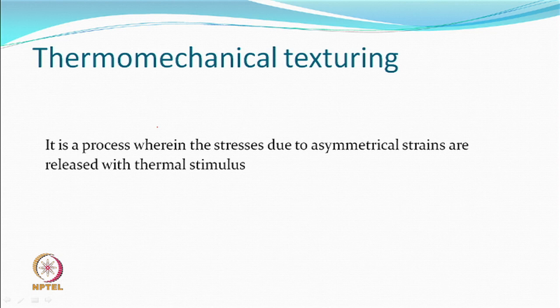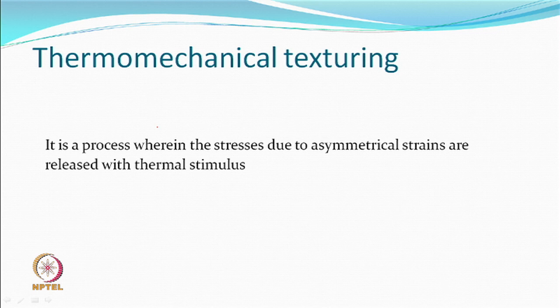So, what is thermomechanical texturing? It is a process, this sentence you may just try to remember. It is a process wherein stresses due to asymmetrical strains are released with some thermal stimulus.